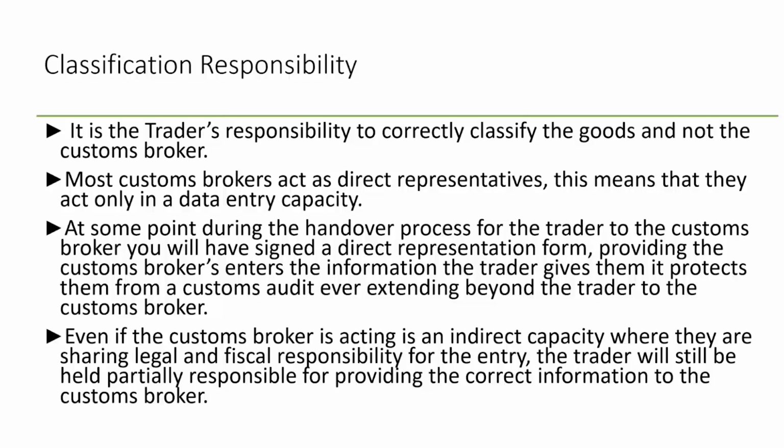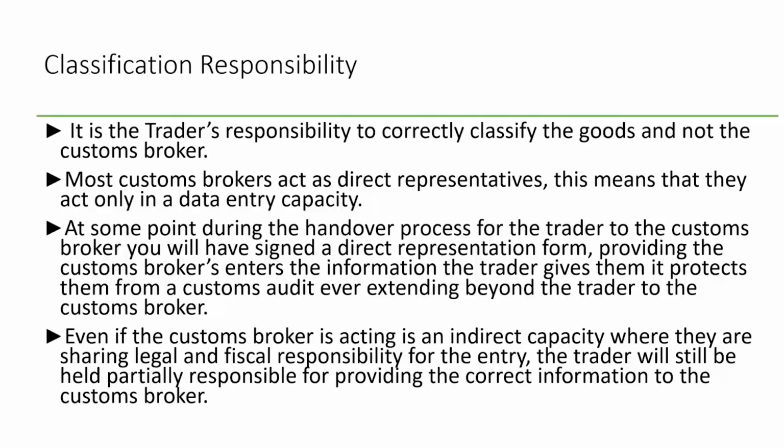If you look at the writing in it, it really says that they're only acting in a data input capacity. So basically direct representation means they're acting in a data input capacity, so you have to give them the information. Rarely will a customs audit lead from you, the business, to the customs broker. It will usually stop with you, the business.